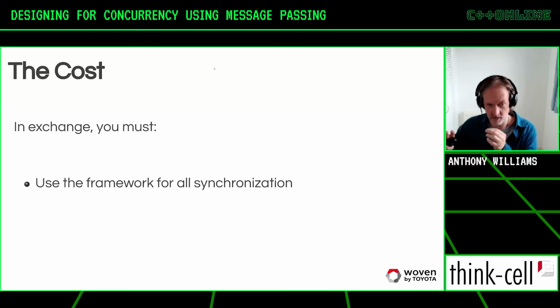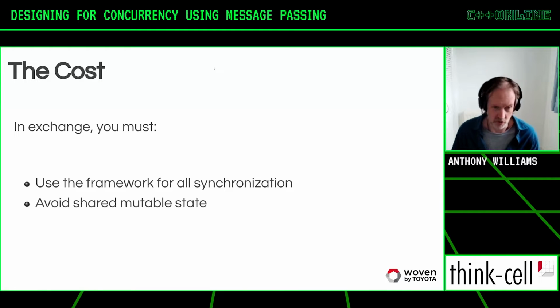Anything you do that's out of the scope of the message passing system has whatever issues or benefits it has on its own. It is not part of the message passing, and so it's not covered by the message passing benefits. So if you say we get all these benefits for our entire code base, you have to use the framework for everything.